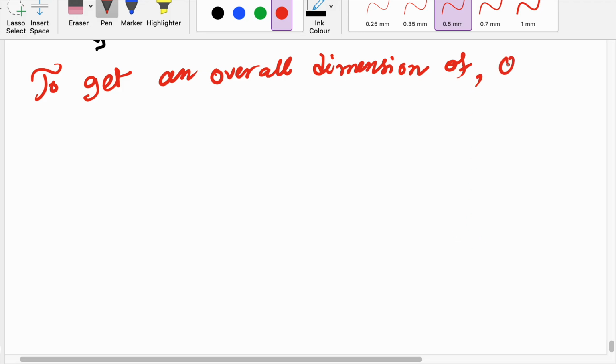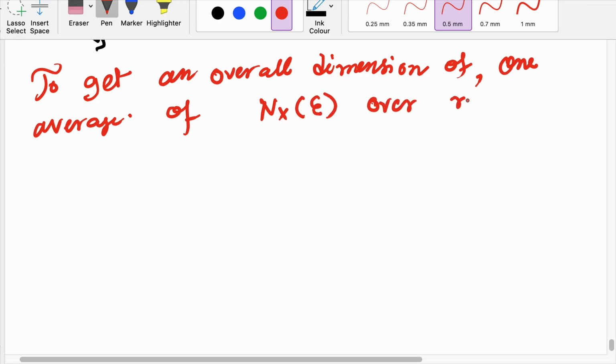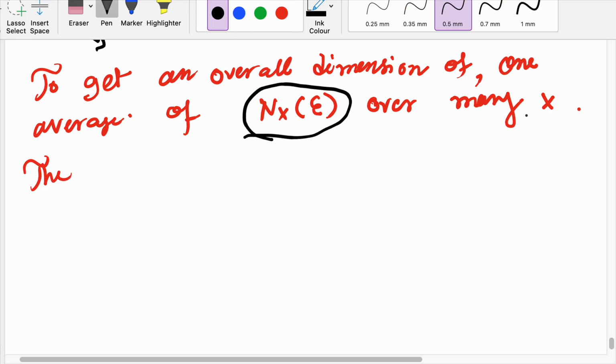one could average n_x(epsilon) over many x's, and the resulting average number around many x should not depend on this x, because I averaged it out.